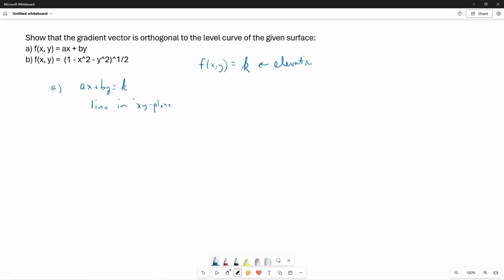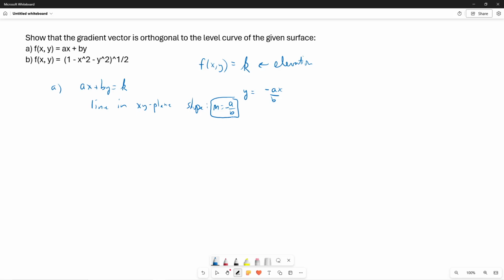And it will have a slope of, if we solve this for y, the coefficient of x would be negative a, and we'd have to divide by b. So the slope is negative a over b.